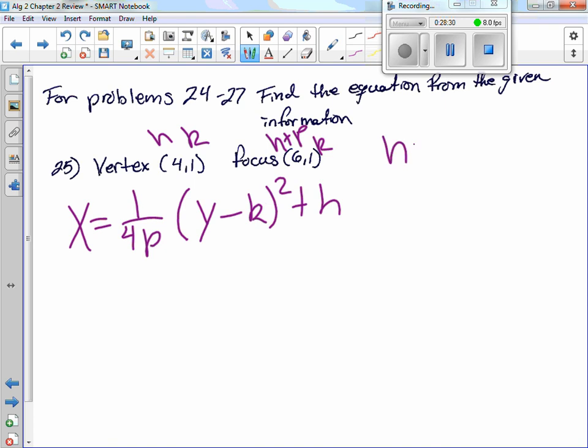Now the value of h is 4. The value of k is 1. And we're saying 6 is equal to h plus p, yes? 6 is equal to h plus p, because that's where it lines up for this here.